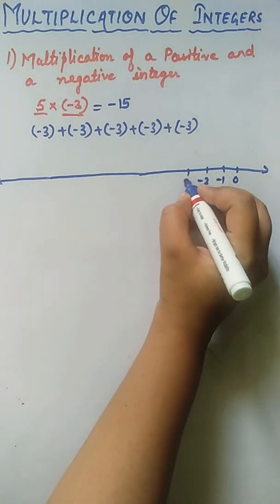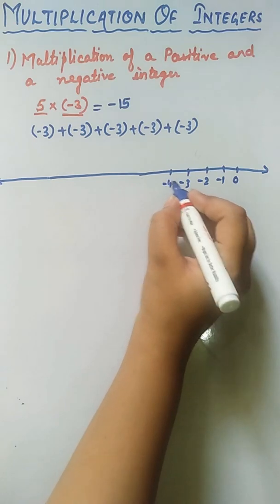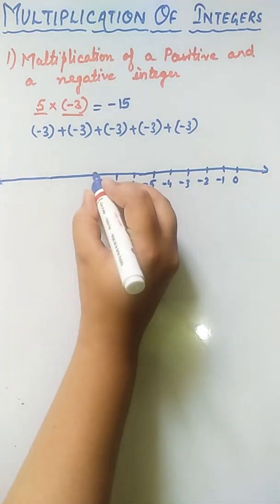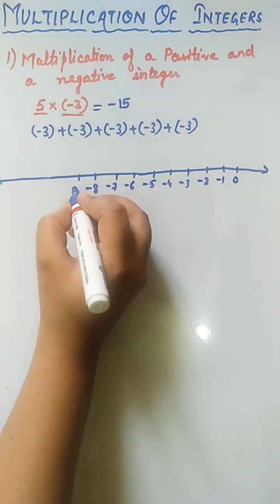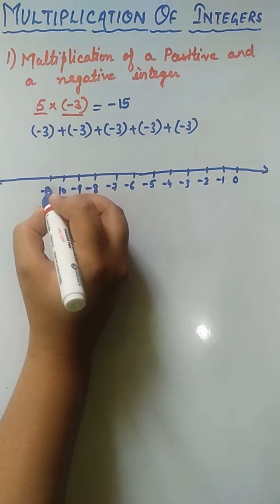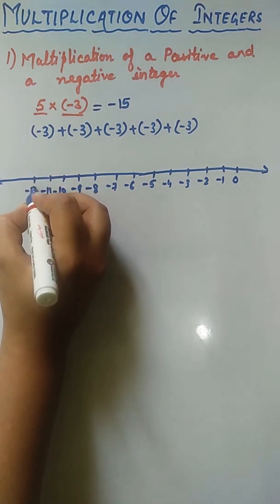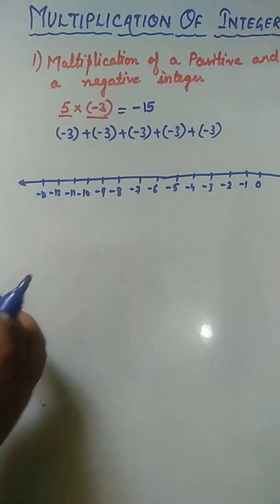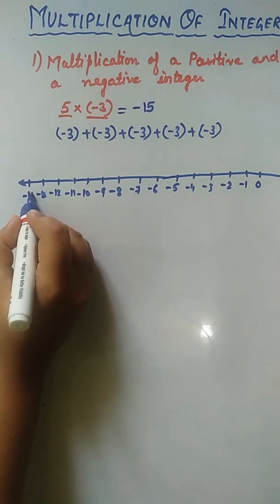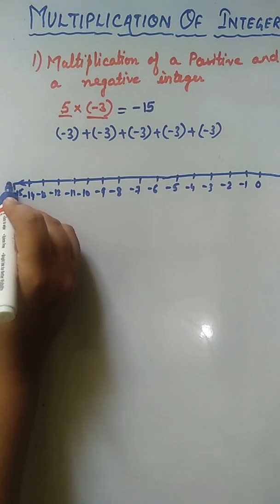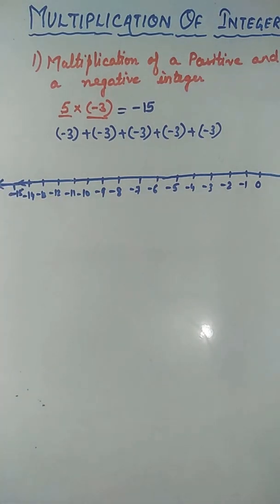Minus 1, minus 2, minus 3, minus 4, minus 5, minus 6, minus 7, minus 8, minus 9, minus 10, minus 11, minus 12, minus 13, minus 14, and then minus 15. So I have drawn till minus 15 over here.